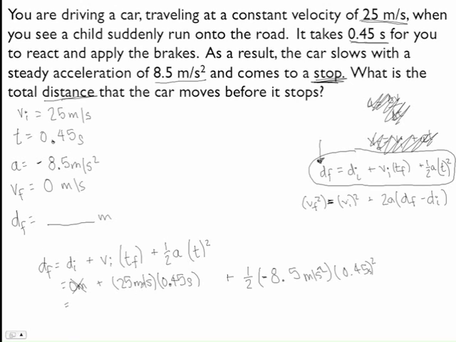So if you multiply these two together, you'll have 25 meters per second times 0.45 second. These two s's cross out, and you end up with 11.25 meters. Okay, in this one, you will have 1/2 times negative 8.5. That I think gives you 4.25.